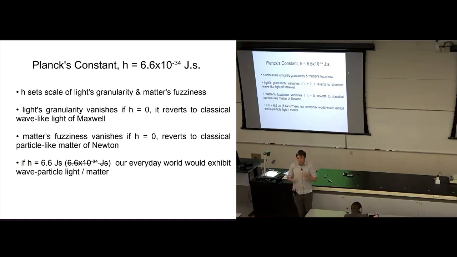And likewise for me, I could transfer energy and momentum just like a particle, but I could interfere just like a wave with things around me. And so if Planck's constant was 6, not 6 times 10 to the minus 34 joule seconds, we'd live in a completely different world where we'd have everyday experience of the wave-particle nature of matter at its smallest scales.